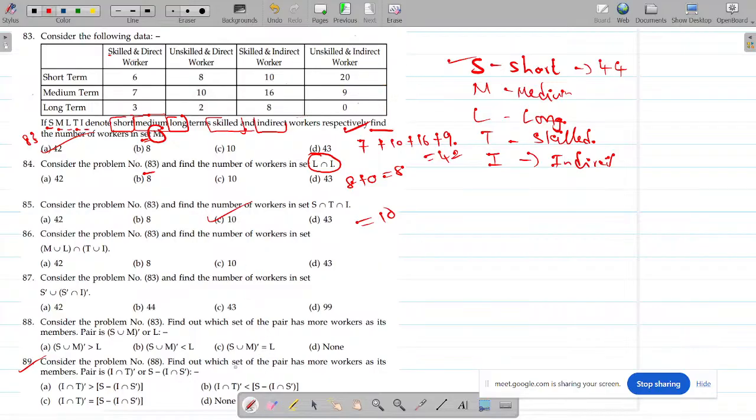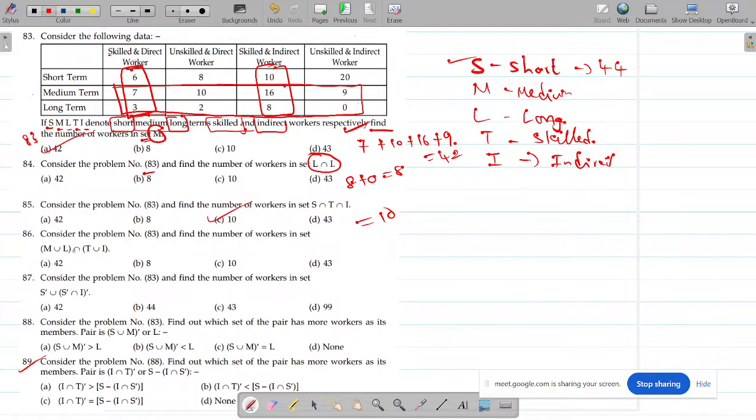For 86, M union L. So medium union long term, so I'll get this full content. Okay. This is M union L. And we have T union I. T is skilled, so I'll get this full T. Union I. I is indirect, so this one also.